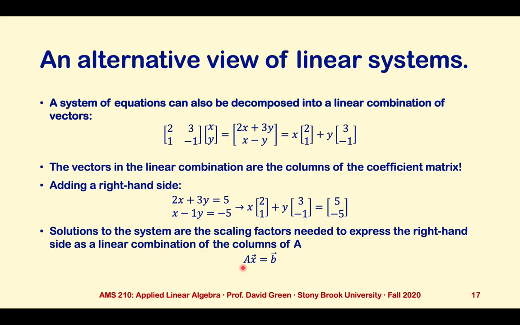We can think about a linear system as an attempt to take linear combinations of vectors to find a right-hand side vector. And those vectors are, in fact, the columns of the coefficient matrix.